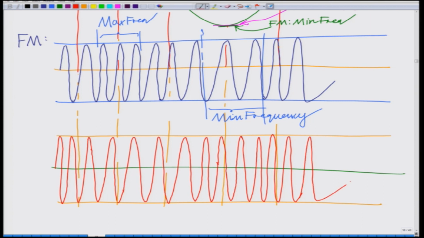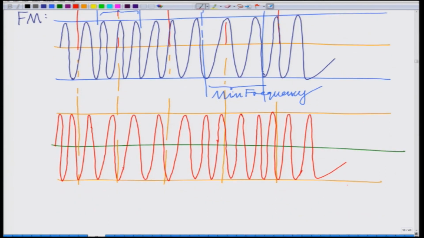and so on. So, if you look at this function, this is your phase modulated signal.